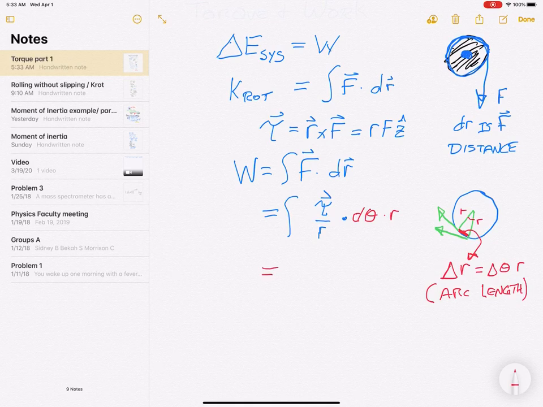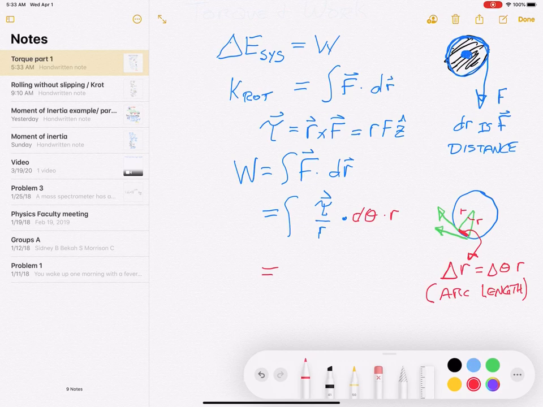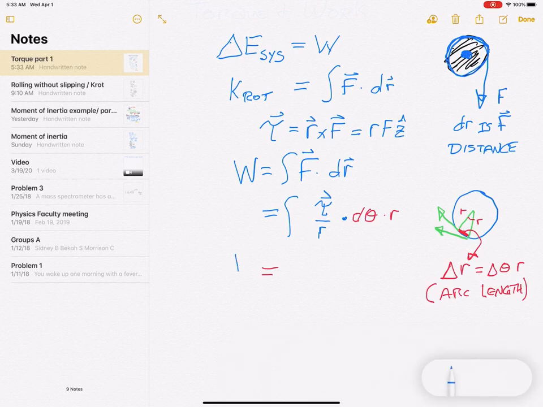Our R's will cancel, and we wind up with the work that's associated with rotation is equal to the integral of the torque dotted into d theta, which will also have an angle, which we'll talk about in the cross product lesson.